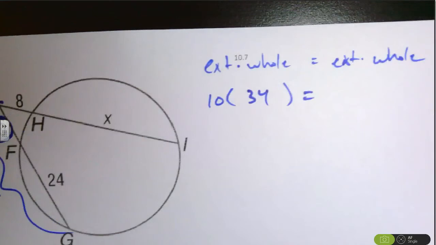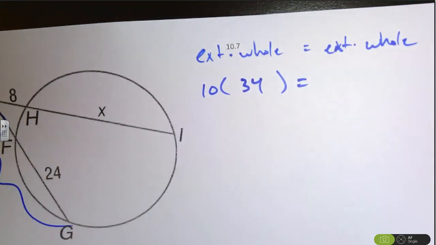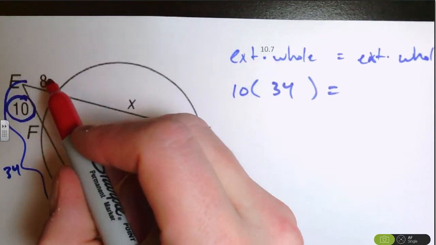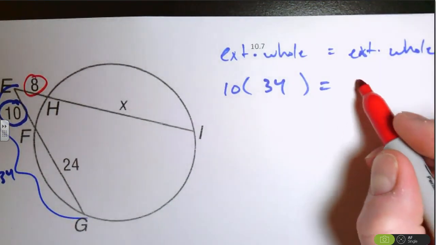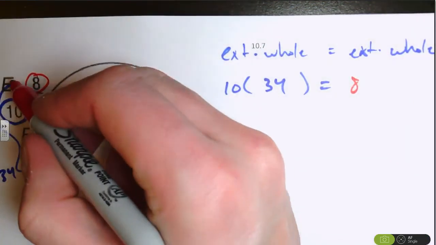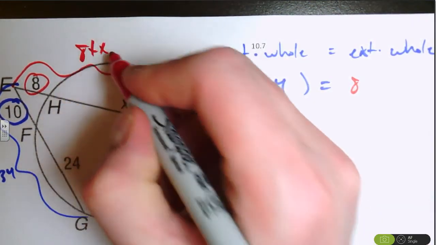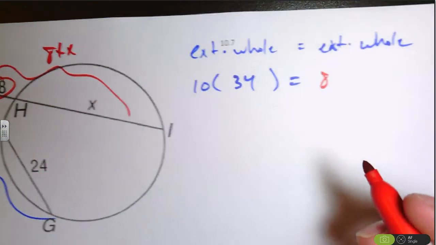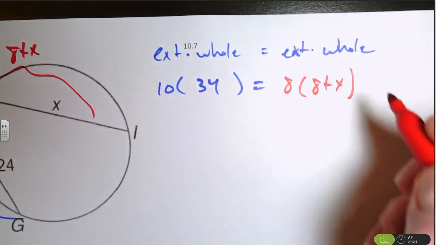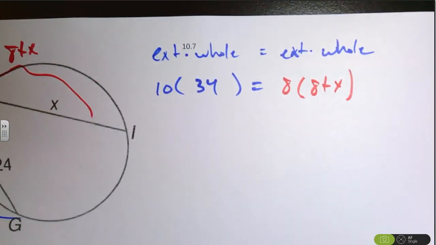Now over here, the exterior is 8. And the whole length is 8 plus x, because I have to add them together to get the full length. That's all our setup is: 10 times 34 equals 8 times 8 plus x.